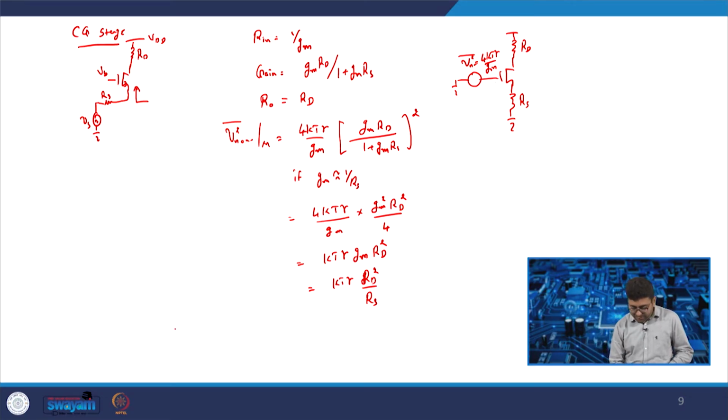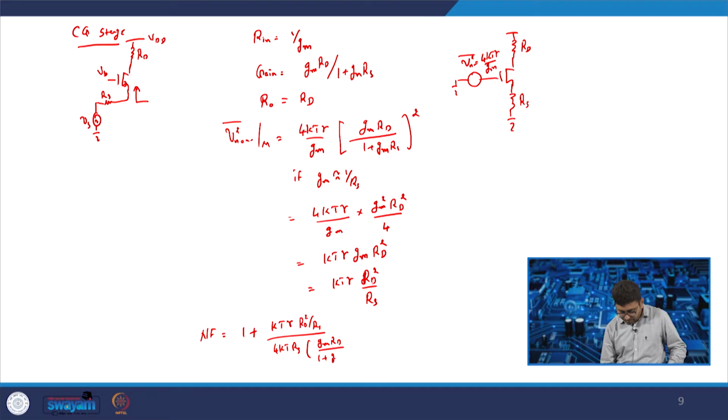So noise figure can then be given. If we use the same equation as before, we get a noise figure equal to 1 plus kT gamma, that is Rd square by Rs, by 4 kT Rs into Gm Rd square, plus we will have an Rd also, Gm Rd by 1 plus Gm Rs square.